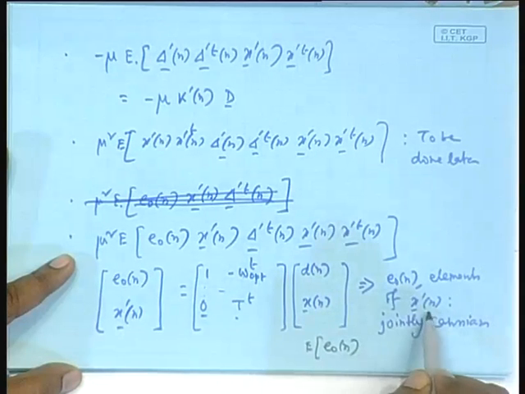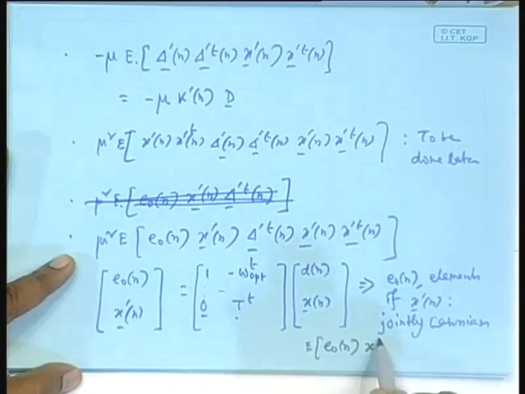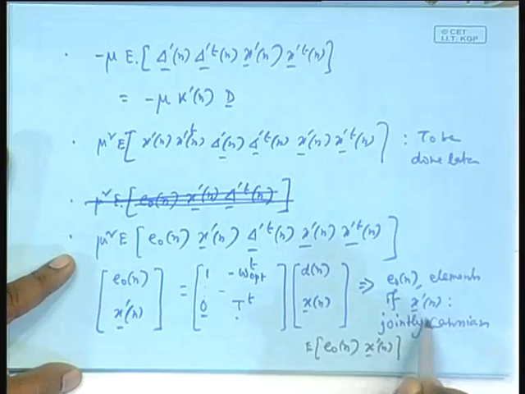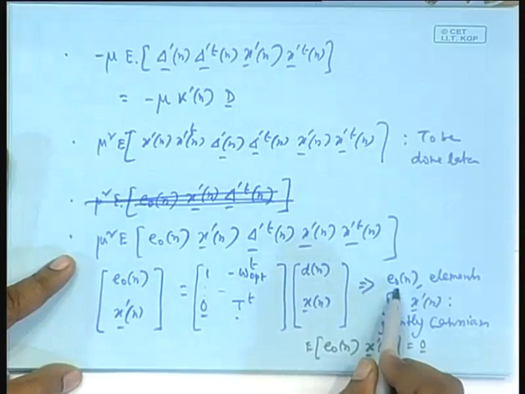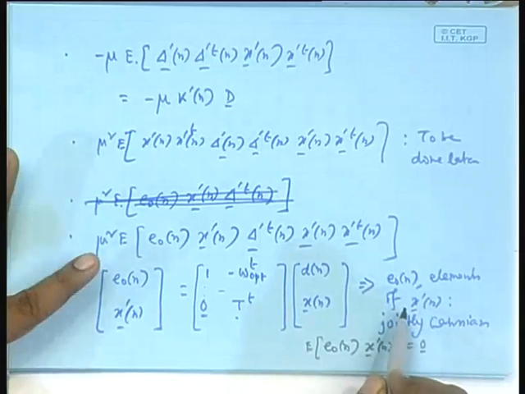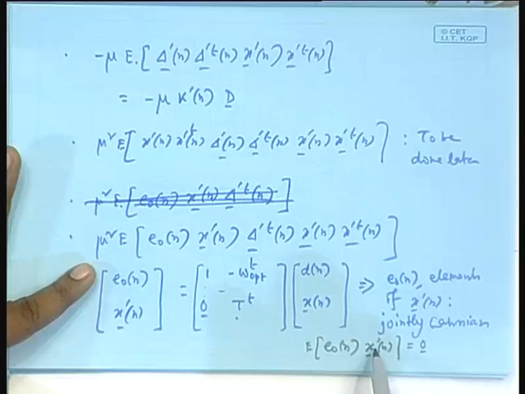E0n times x prime n, all the components, if you take E0n and multiply with each component, take expected value, you get 0, because after all x prime n was T transpose Xn, T transpose you can take out, E0n is orthogonal to all the components of Xn, so 0. So, now you see you have this situation where E0n and the other elements of x prime n are jointly Gaussian, but the correlation between E0n and the elements of x prime n is 0.